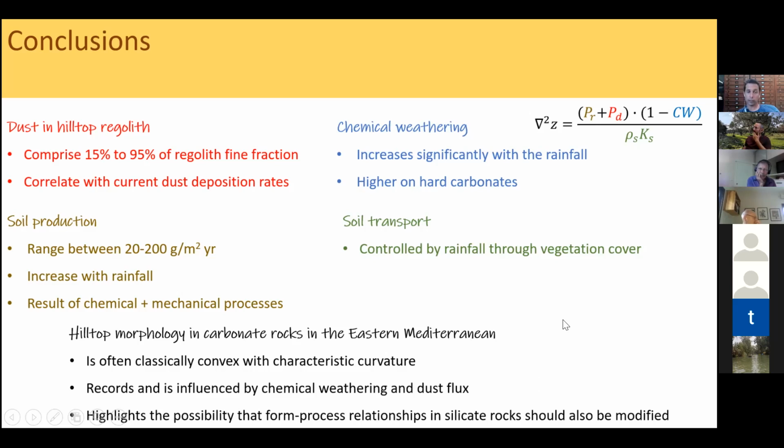And we want to highlight the possibility that form-process relationships in other rocks, like silicate rocks, should also consider these fluxes and should be modified, because chemical weathering is very strong in carbonate rocks, but it happens on every rock. And dust, of course, is not just in the Eastern Mediterranean, dust can be in many places in proximity of deserts.